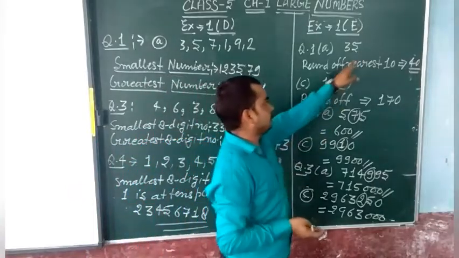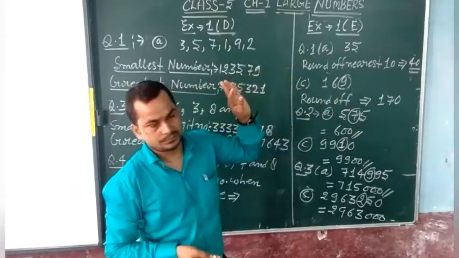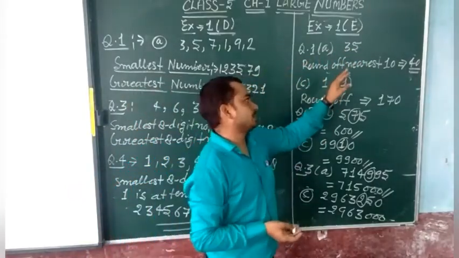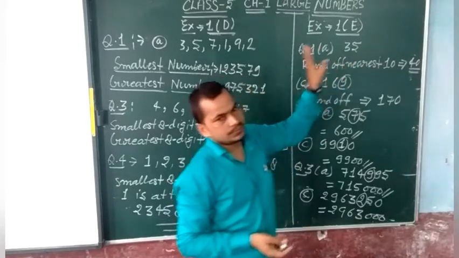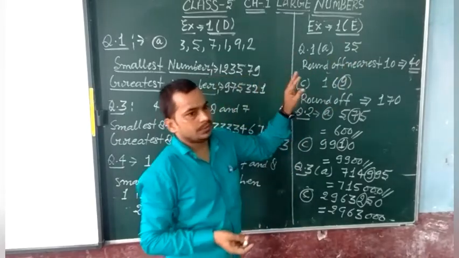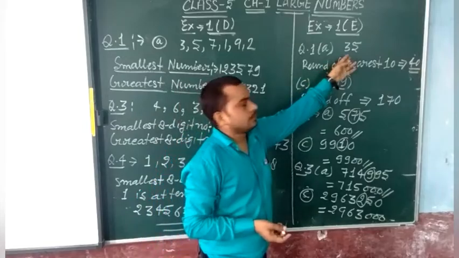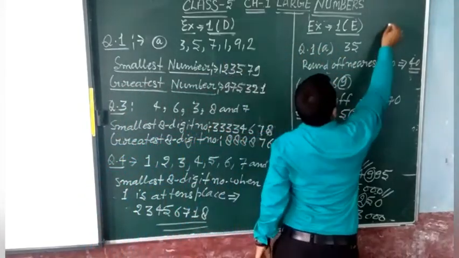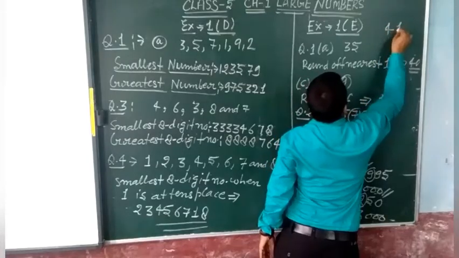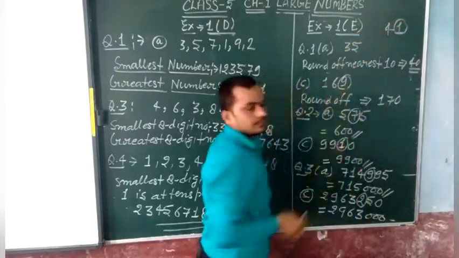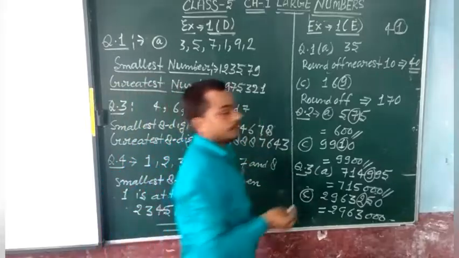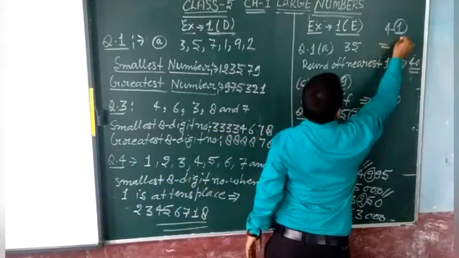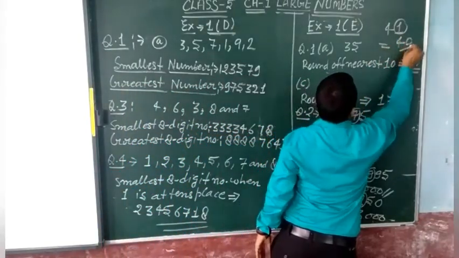If the ones place is less than 5, we replace it with 0 and the preceding value remains the same. For example, if we take 41, 1 is less than 5, so the nearest 10 we can write is 40.